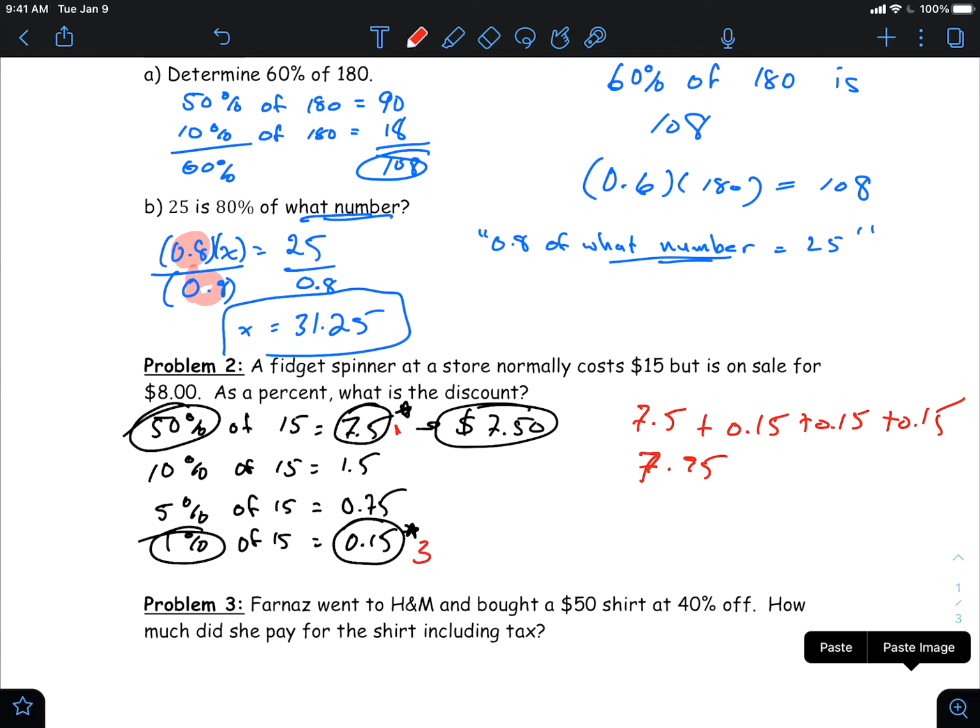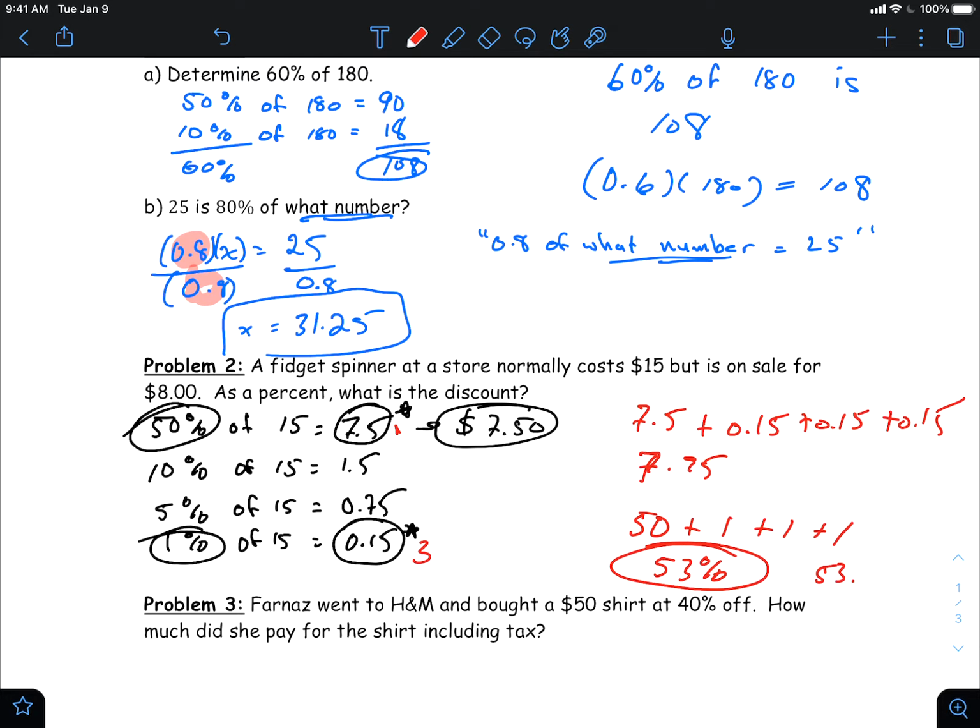Well, it would be 50 plus 1 plus 1 plus 1, so 53% discount-ish. And if you actually did it in the calculator, you would find out that it's 53.3% to be exact. But how many times do you walk into a store and see something 53.3% discount? Not too often. They'll mark it down 40%, 50%, 55%, whatever it is.